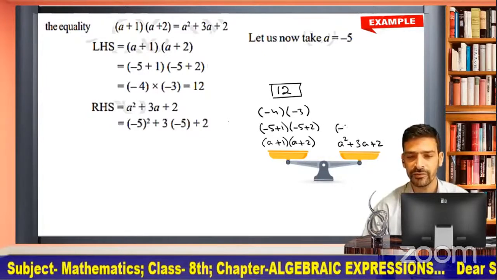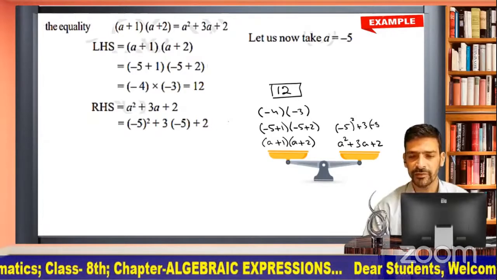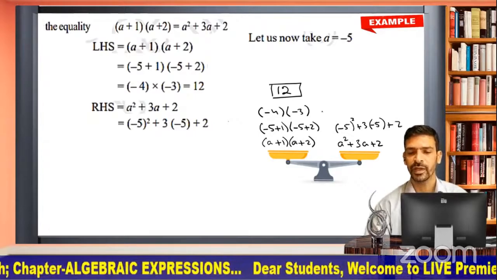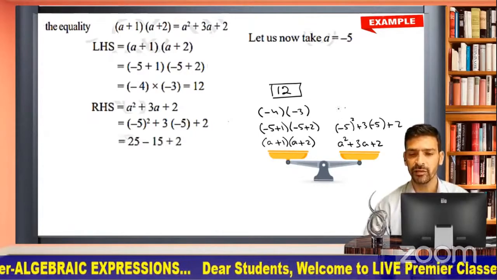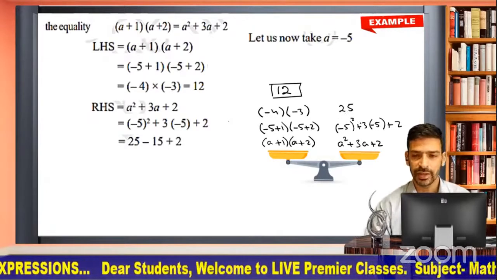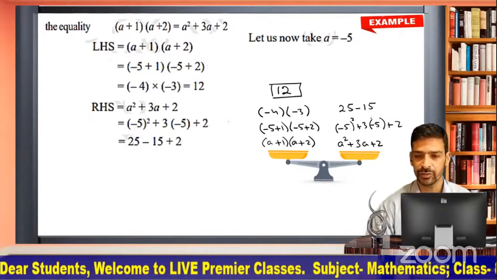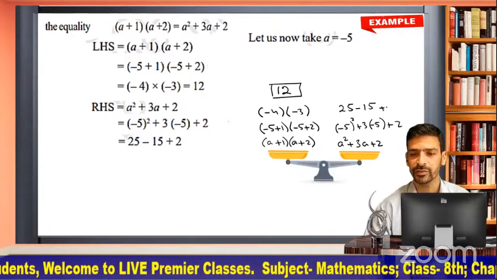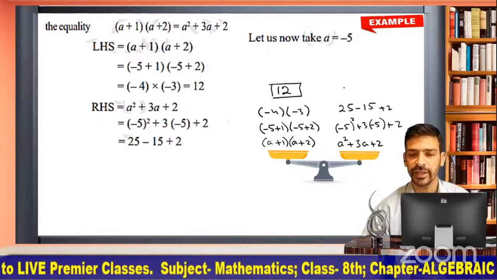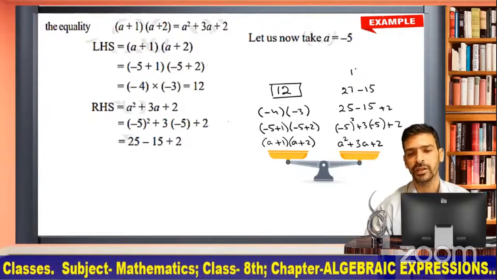It is -5 square plus 3 times -5 and we have plus 2. And -5 square turns out to be plus 25. Square of negative is always positive. 3 times -5 is -15, and we have plus 2. 25 positive है, 2 positive है, they will be added. It is 27 minus 15 and we have 12.